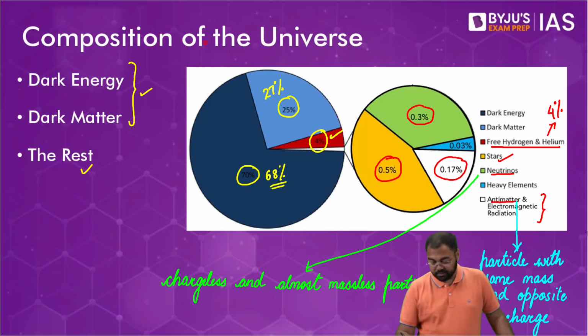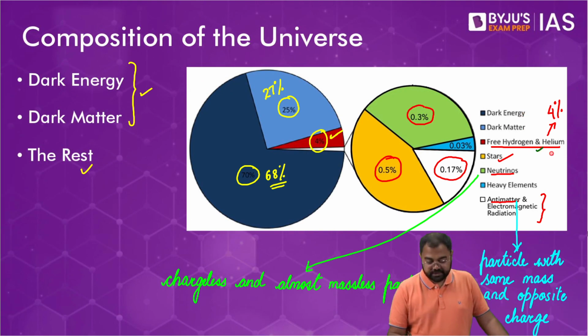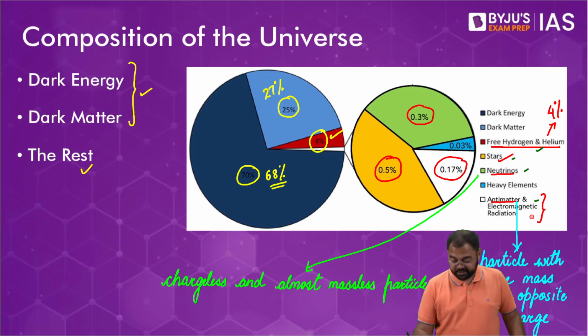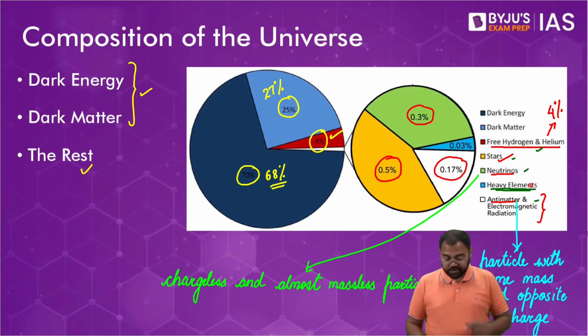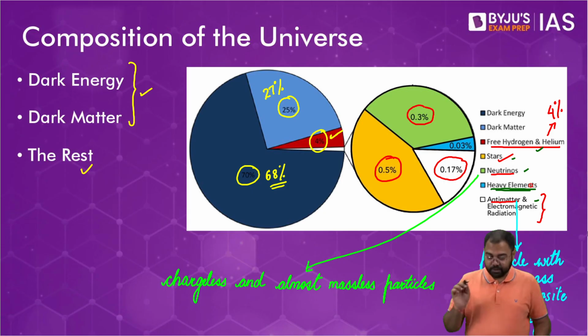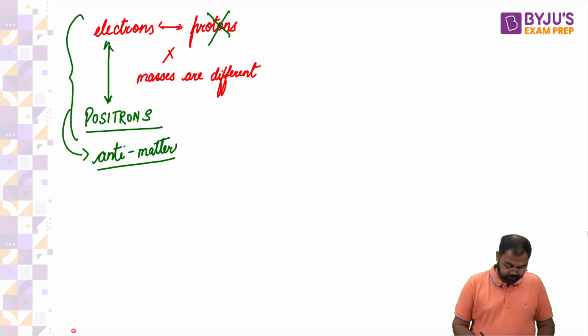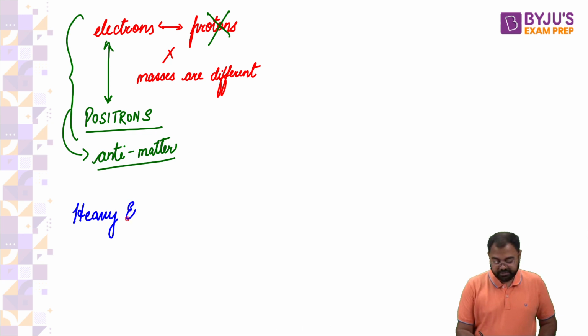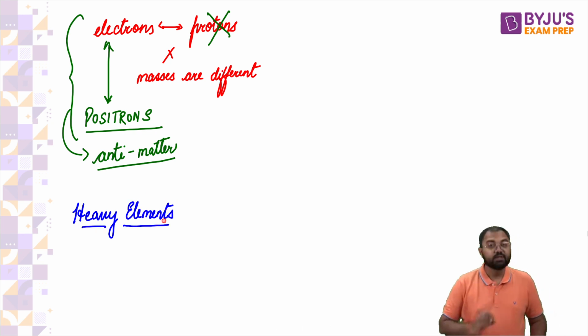Right? So we have free hydrogen and helium, stars, neutrinos, antimatter and electromagnetic radiation, and a small proportion, 0.03%, of heavy elements. Now when we say heavy elements, here the definition of heavy elements is different.